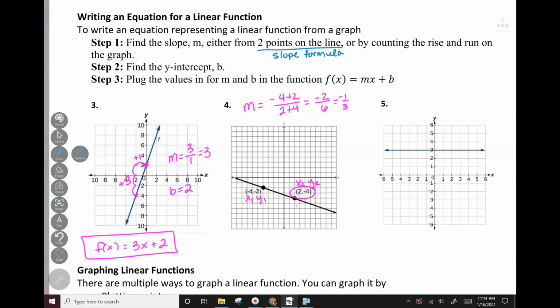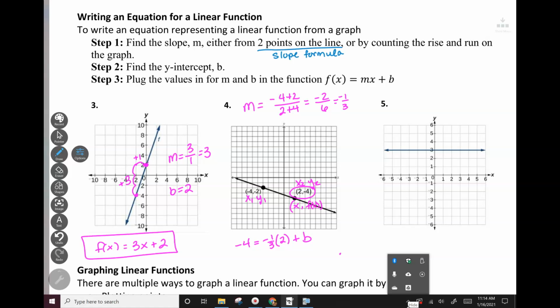So this is going to be x comma f of x, right? x comma f of x. So I'm going to do negative 4 equals m, which is negative 1/3, x, which is 2, plus I don't know b. So b is the only thing I don't know once I plug in a point there.